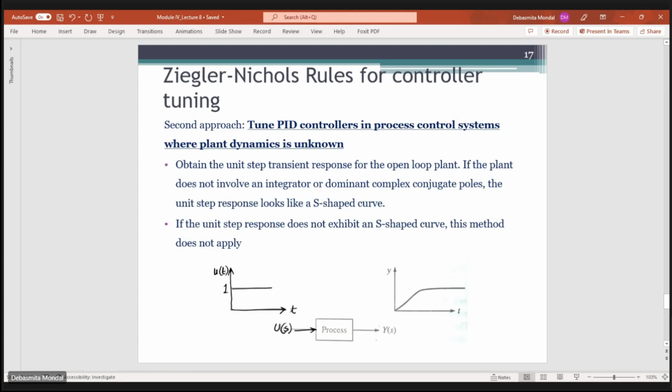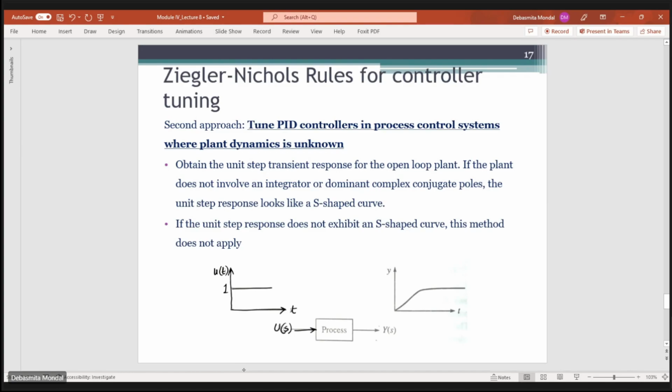So how we do that is, you have the process, whose transfer function is not known to us. We provide a unit step input to this open loop process and observe the transient response of the open loop system.